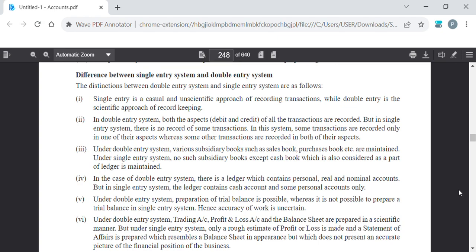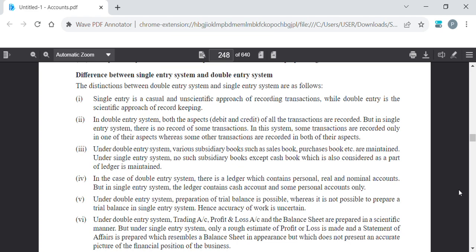In case of double entry system, there is a ledger which contains personal, real and nominal accounts, but in single entry system, no. In double entry system, we prepare multiple ledger books, but in single entry system, we don't prepare that.